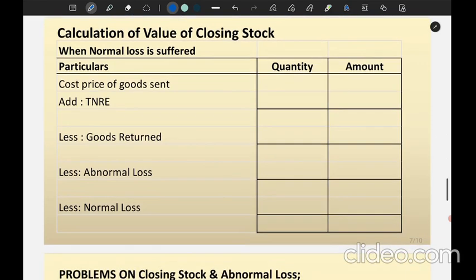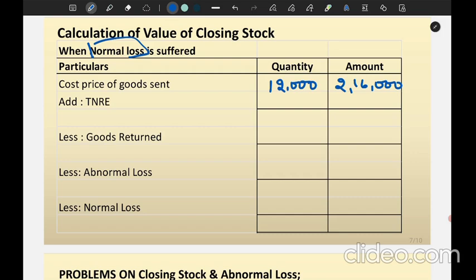Okay. Now, to ascertain the closing stock when normal loss is given, we use this format. First, what is the cost price of the goods sent? We know that total 12,000 units have been sent, and each kg costs 18 rupees. So it will be 2,16,000. Add total non-recurring expenses of consignor as well as consignee.